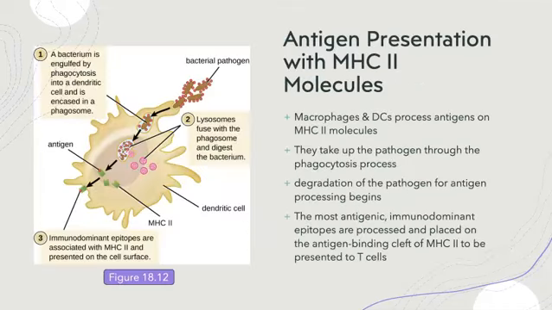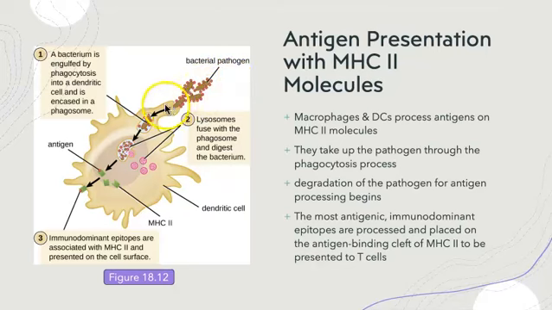So let's take a look at how these APCs go about presenting an antigen with their MHC2 molecules. First we're going to look specifically at the macrophages and dendritic cells, since it is a little bit different. They are going to process the antigens in order to display them.